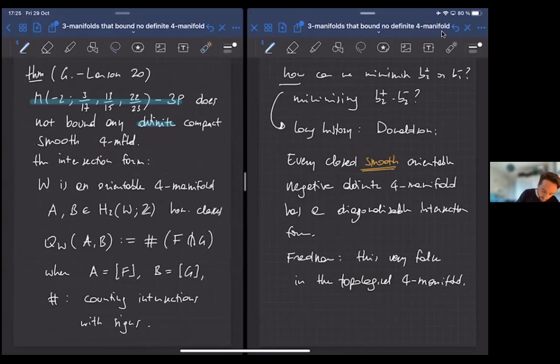And in fact, what I can prove to you, well, I will not do it during the talk, is that indeed this 3-manifold does bound both a negative definite and a positive definite topological 4-manifold. There is a surgery cobordism, just one single surgery, which is both one positive and one negative to an integer homology sphere, and then one applies Freedman's theorem. And this sort of closes the question quite quickly.